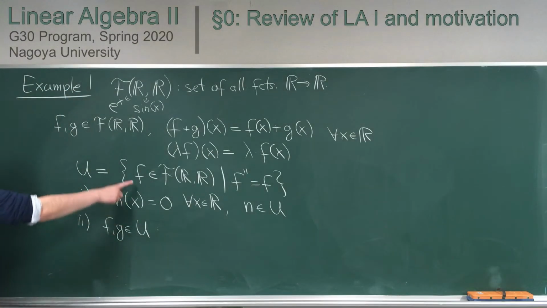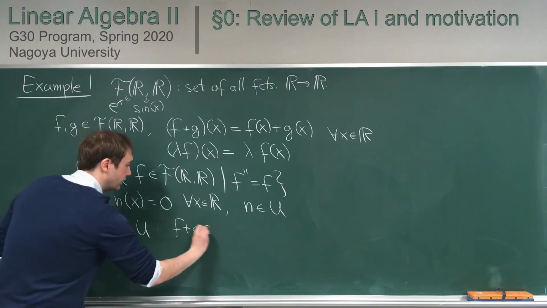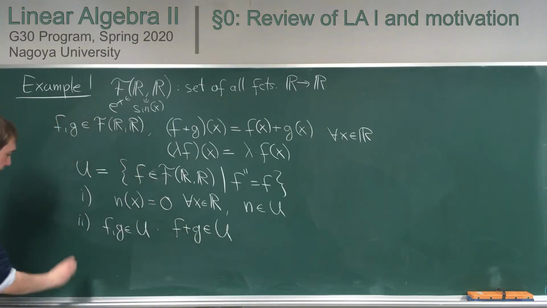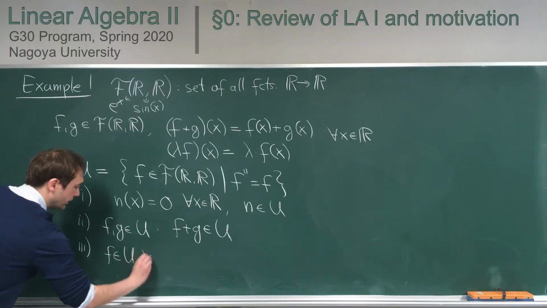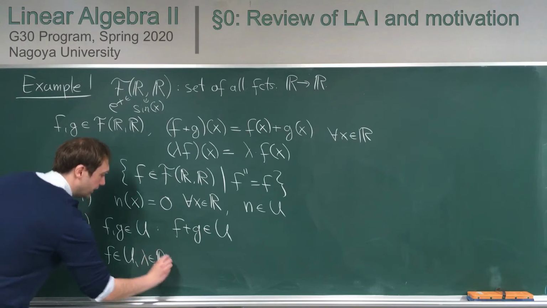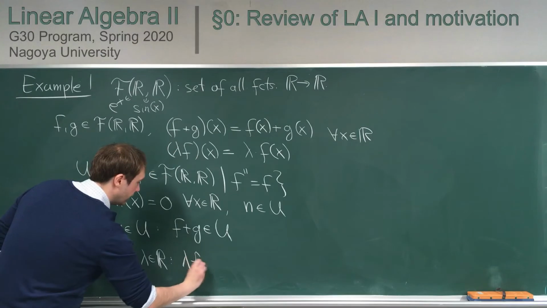So if I have two elements in this set, then also this function f plus g is in U. And similarly, if I have f in U and lambda a real number, then also this function lambda f is also in U.